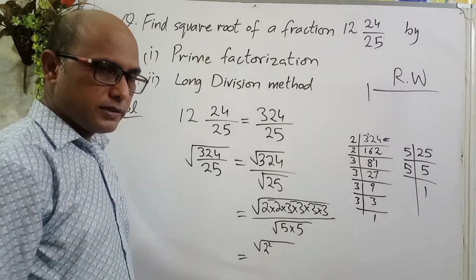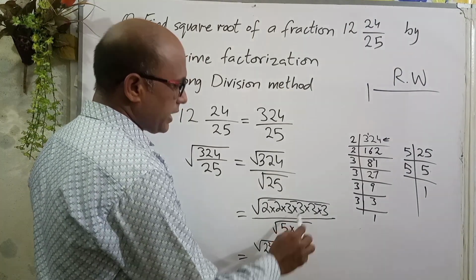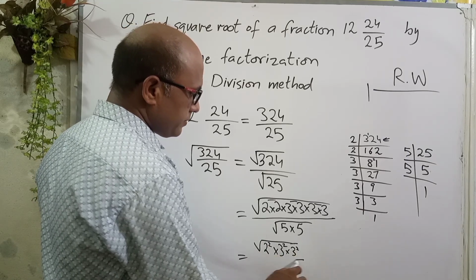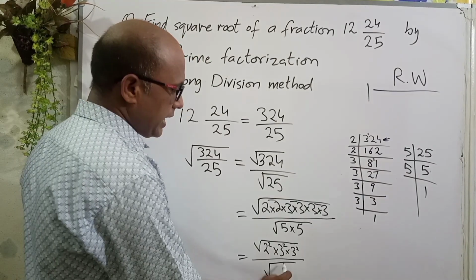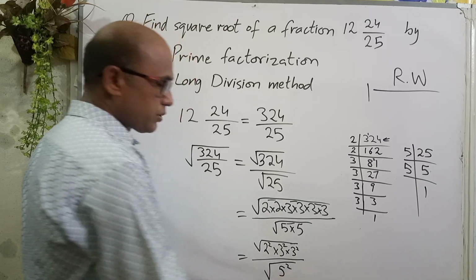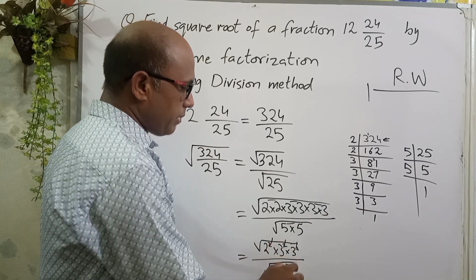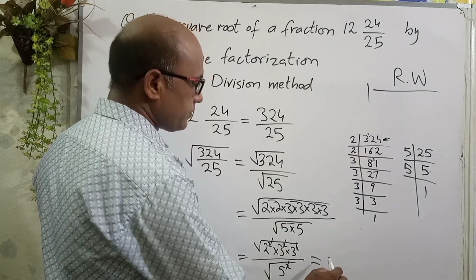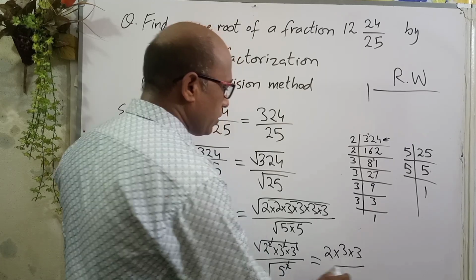By making pairs, we'll get squares: square of 2, square of 3, and square of 3 again. Students, in the denominator we have only one pair, so it will be square of 5. All the squares will be cancelled by the square root, so we'll get 2 multiplied by 3 multiplied by 3 over 5.